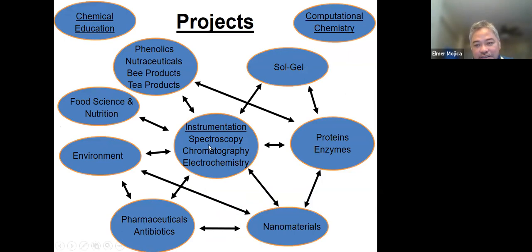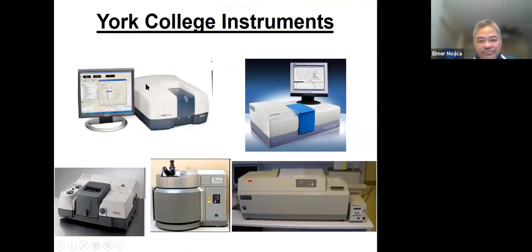So usually we analyze the sol-gel, the proteins, the pharmaceuticals and the antibiotics, and mostly these so-called natural products. But in my other lab, which is in your college, the instruments that we have here are, we could say, more high-end compared to the one that we have at Pace University.